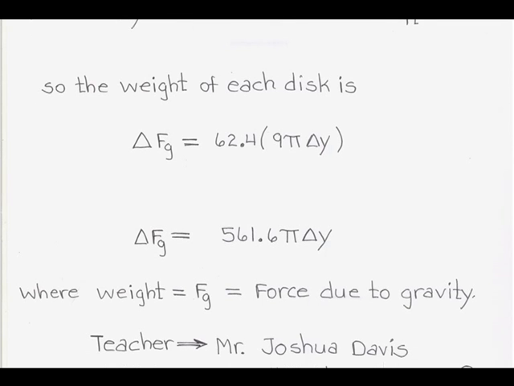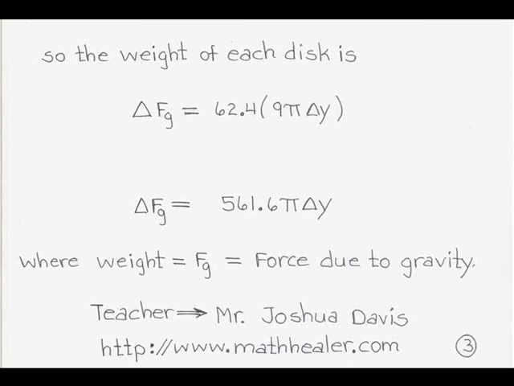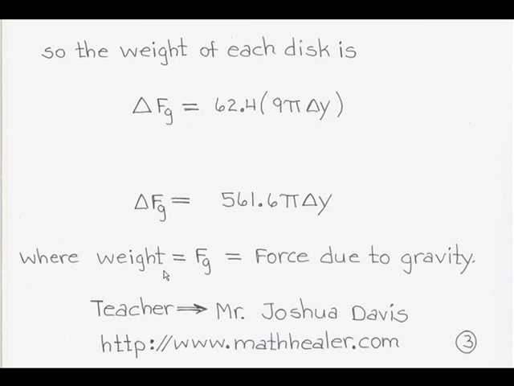So the incremental force can be represented as 561.6 times pi times delta y, where weight is equal to F sub g, which equals the force due to gravity. Please pause and copy.